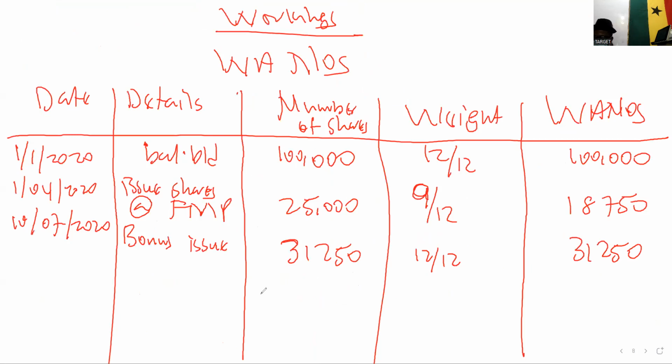Please, the number of shares at this time is what? Who can tell me? Add everything here. If you add everything here, you get 156,250. Confirm for me if it is right. Yeah, that's true.